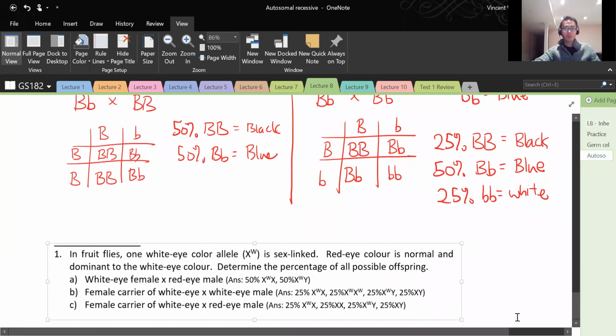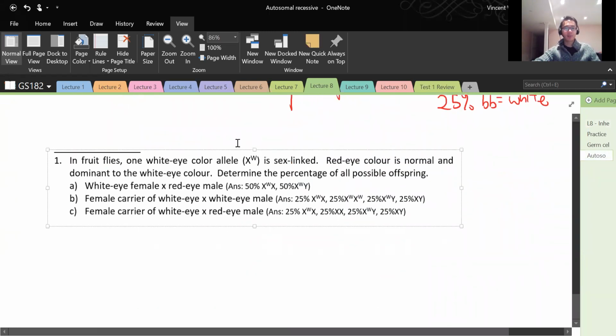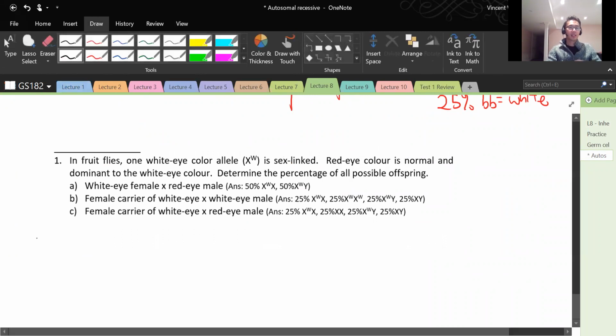So in fruit flies, white eye is transmitted through this allele, X^W, on the X, and then red eye is the normal one. Okay, so let's write out all the possible combinations.